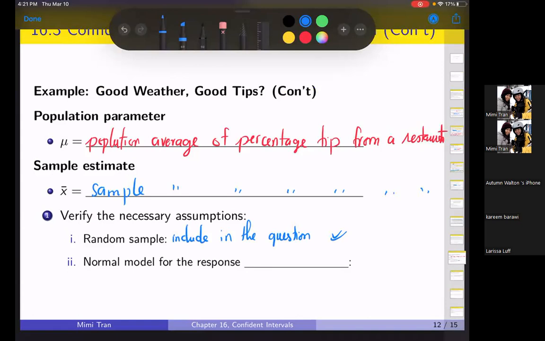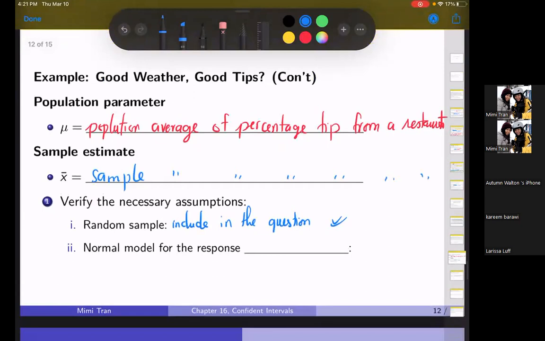So when you plot a bunch of X bar, mean percentage tips, the normal model of the response, the percentage tip, should be normal. Either your population is normally distributed, and you're okay.